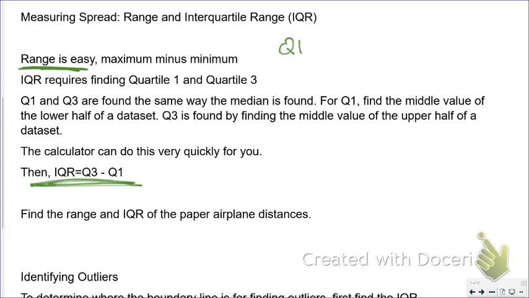First of all, quartile 1 is the median of the lower half of the data set.